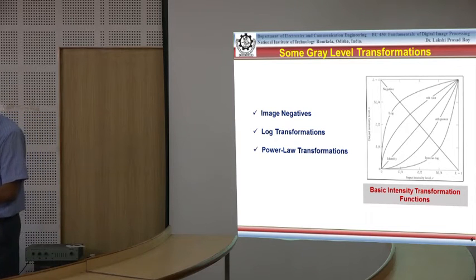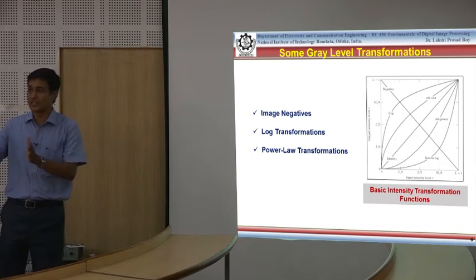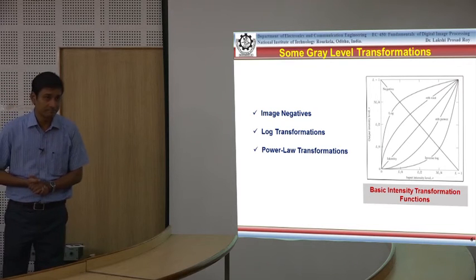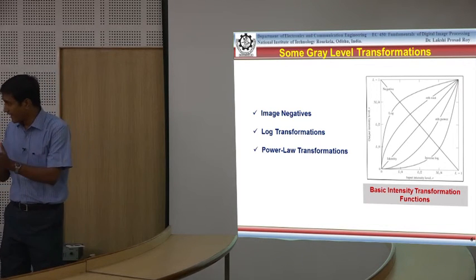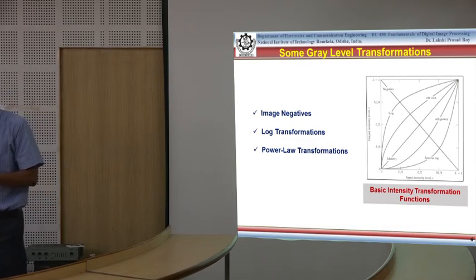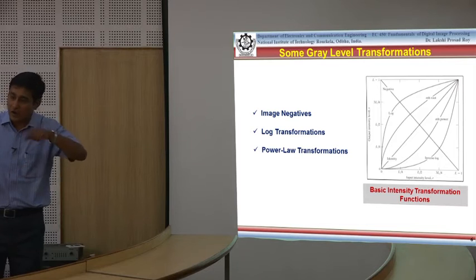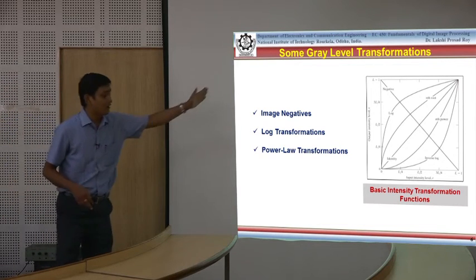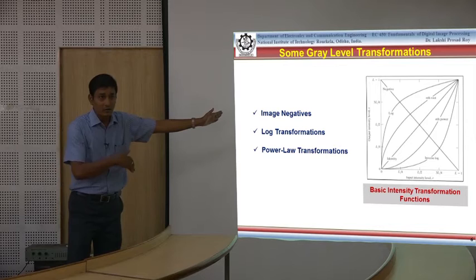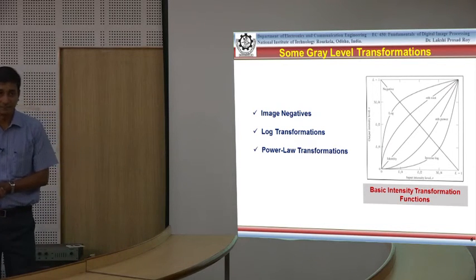If it is given that way, now input image intensity value R varies from lower values to higher values, from 0 to L minus 1. Which way will the output vary? At the beginning, for the lower R values, the rise of output intensity values is sharp, while for the R values higher than that, towards L minus 1, the rate is lesser.